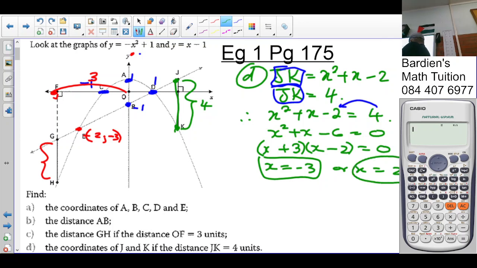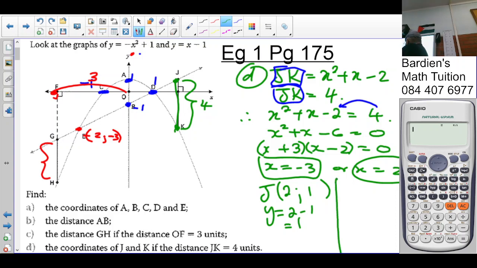2. That one. So in other words, J is going to be 2 and some y value. So how do we get the corresponding y value? We substitute 2 into the straight line. To substitute 2 in the straight line, we get y equals 2 minus 1, which is 1.